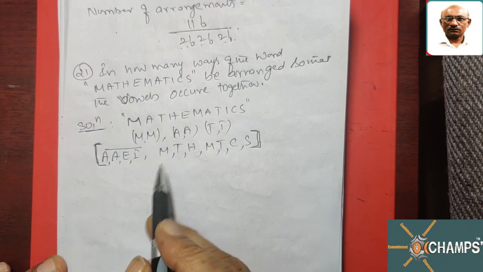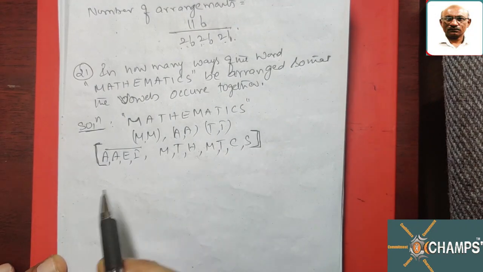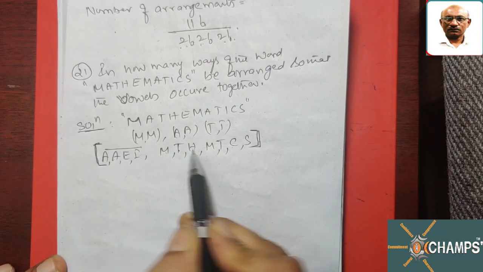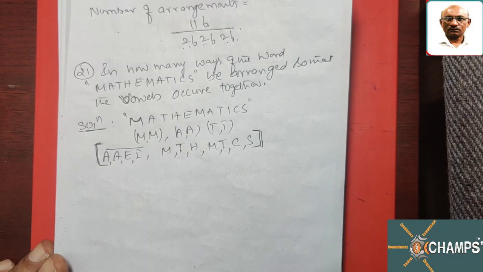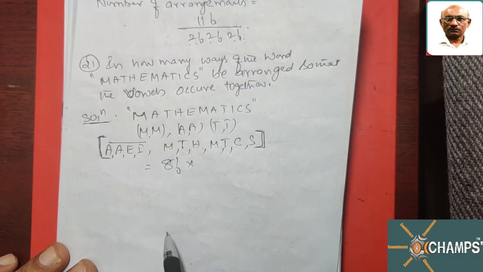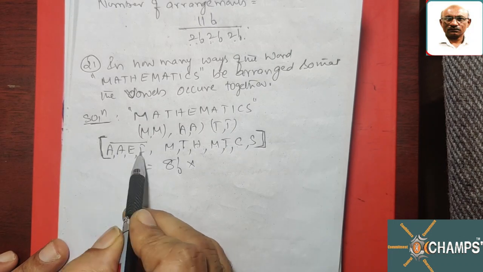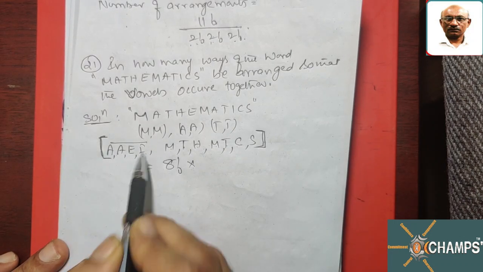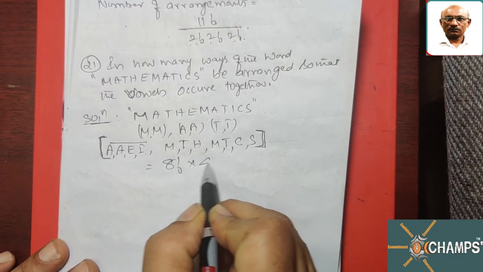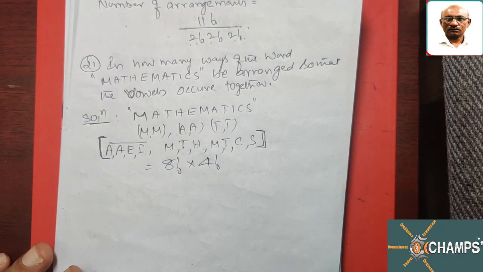How many letters do I have inside the square bracket? 1, 2, 3, 4, 5, 6, 7, 8. 8 letters are there. 8 factorial into, there are 4 vowels inside the small bracket. They can also be arranged. 4 vowels can be arranged in 4 factorial ways.